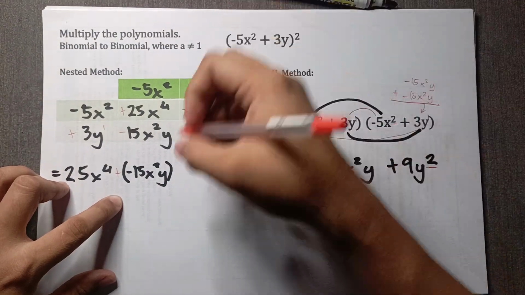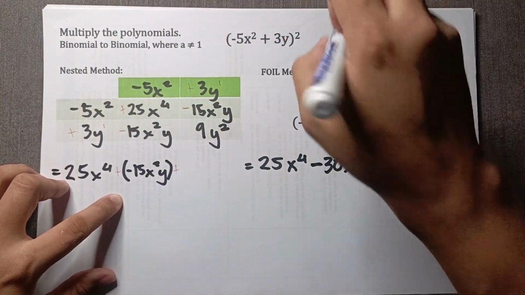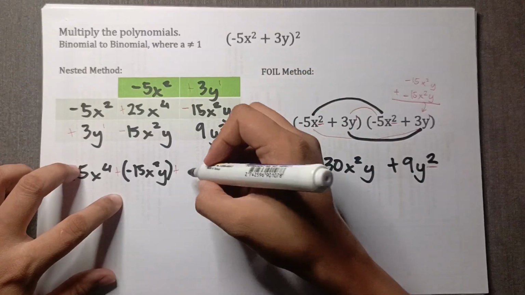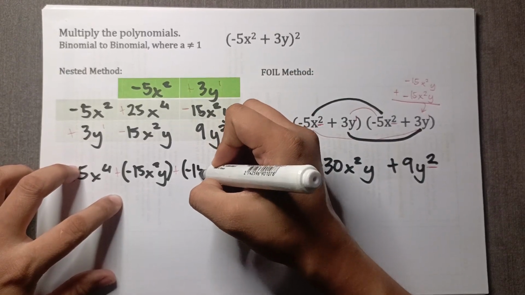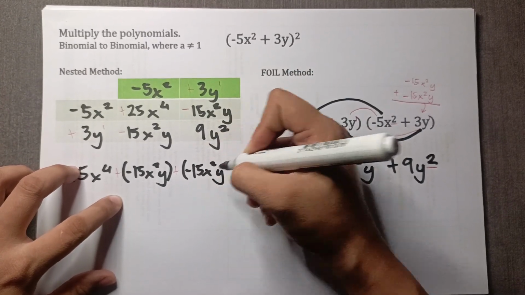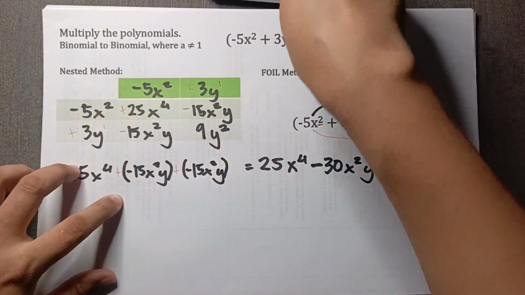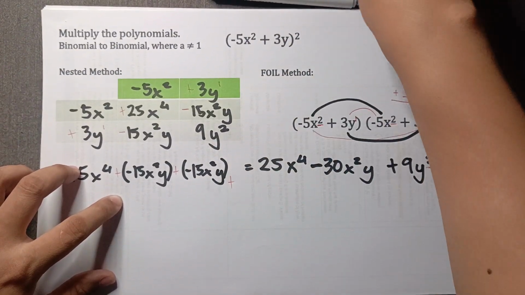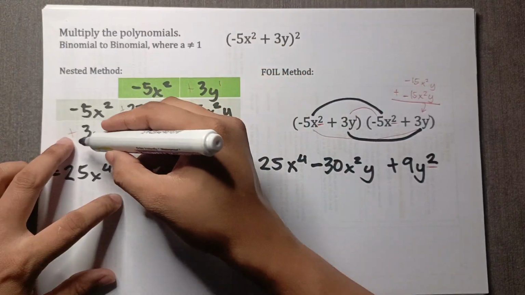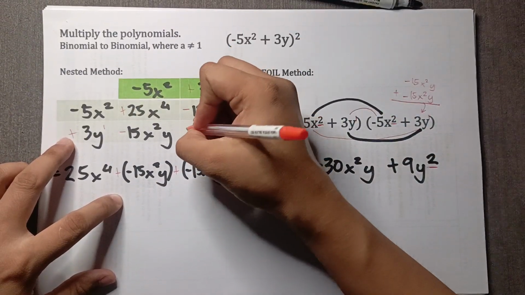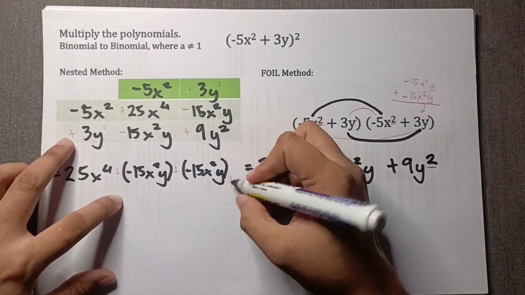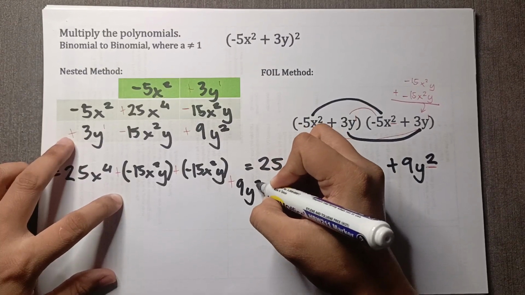Okay, sana magkasya. Mukhang hindi yata. Adjust na lang tayo maya-maya. Negative 15 x squared y. And then, we have plus. So, makita natin dito, positive yung parehas, ha. 9y squared. Kasya yan.